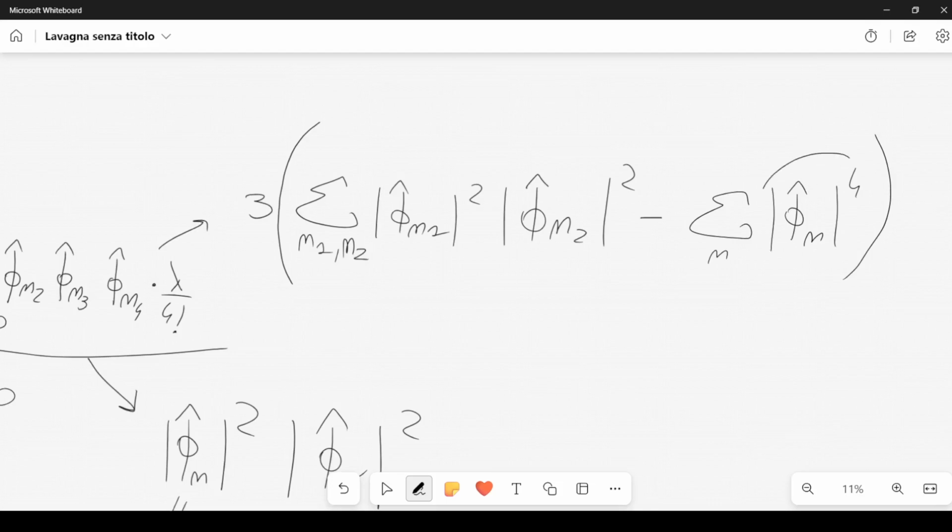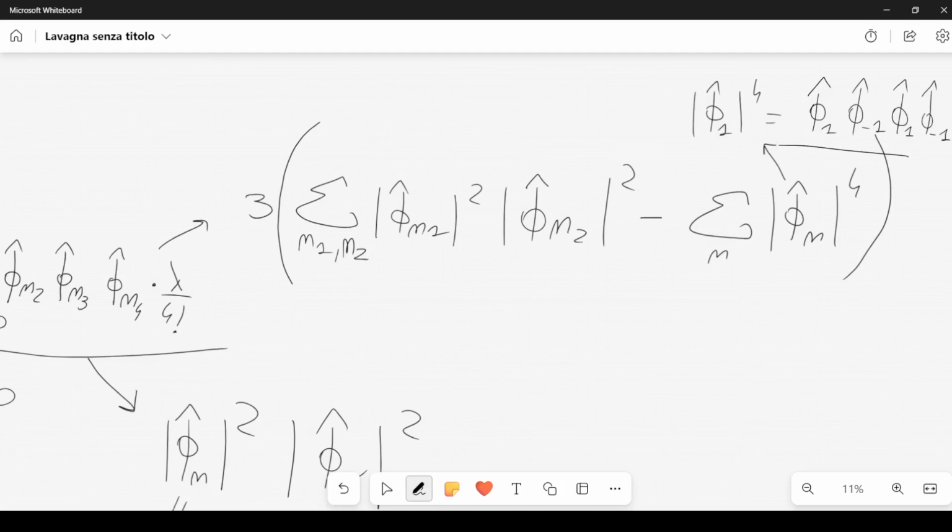So when you see the mod of phi hat sub n to the fourth, it means, for example, that when n is equal to 1, we have phi hat sub 1 to the fourth, this is equal to mod phi hat sub 1 times mod phi hat sub minus 1, or in particular, you can also write it without the mod: phi hat sub 1, phi hat sub minus 1, phi hat sub 1, phi hat sub minus 1.